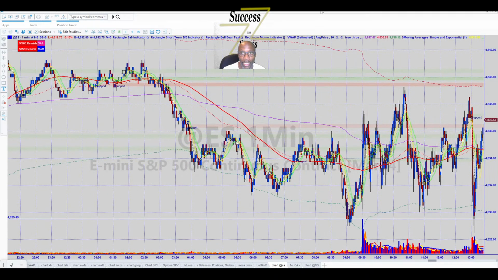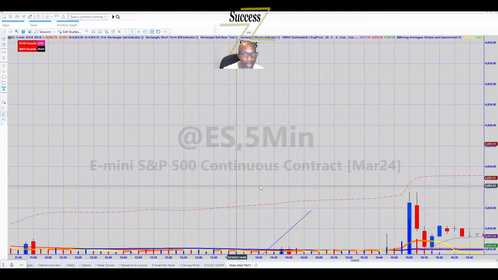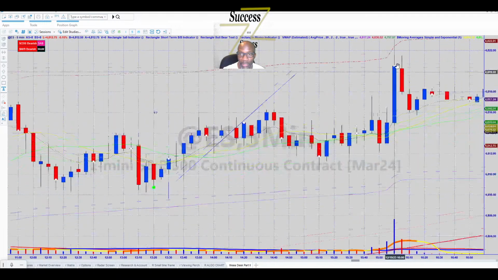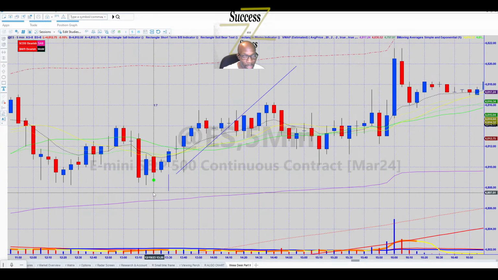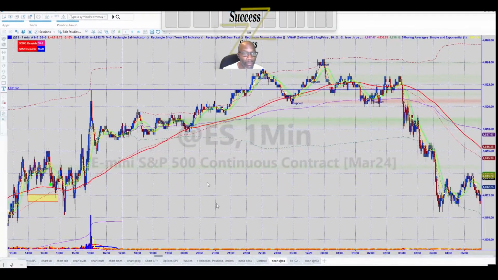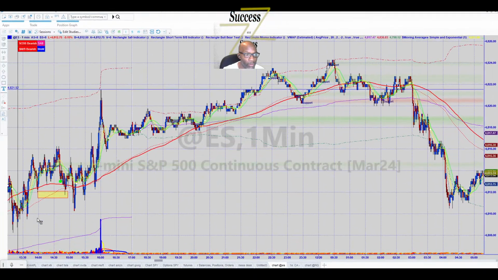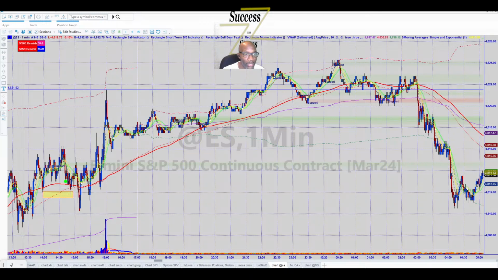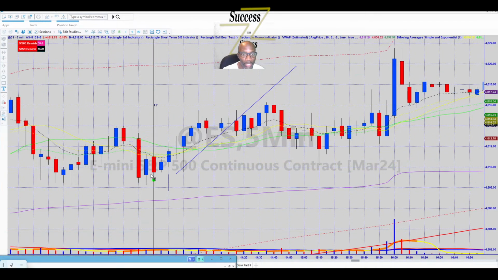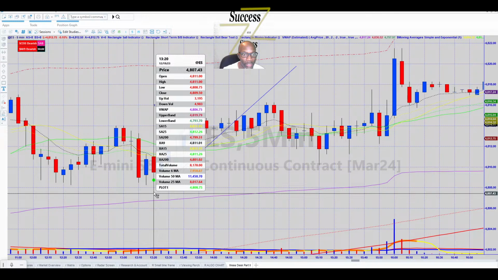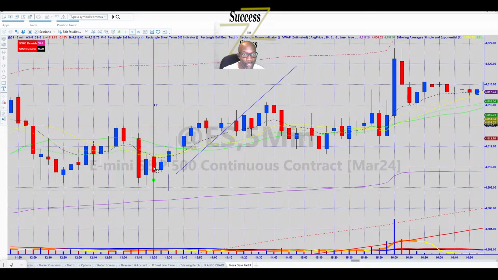Okay, so I'm going to go back into what I was doing before, which was getting into this zone here. Once this 5-minute candle closed and you officially got this green dot, you'd want to get in here, right?